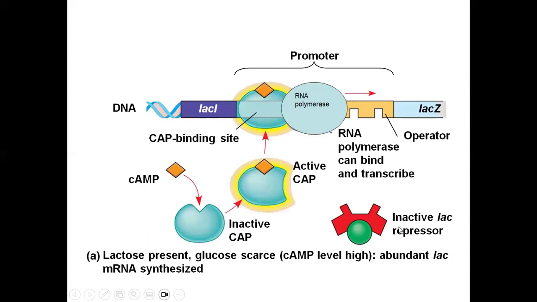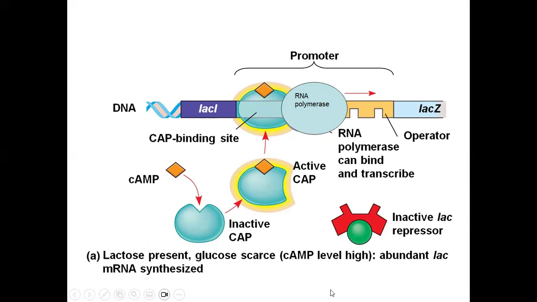So when we have a condition of high lactose concentration and low glucose concentration, at that time we are going to have high cyclic AMP activity and high level expression of the lactose operon genes.